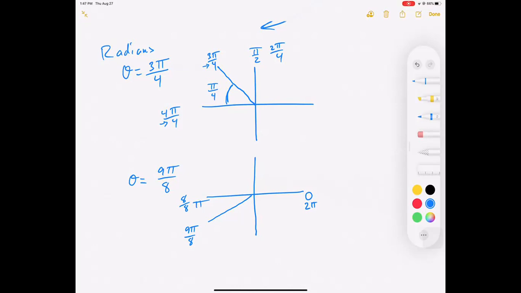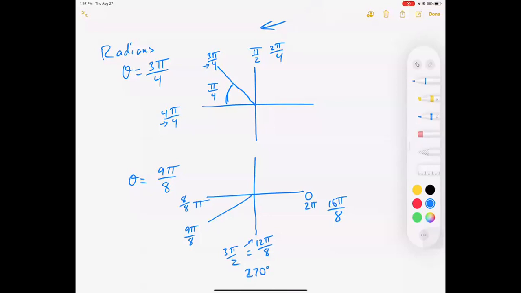If I'm over here, 2 pi is really 16 pi over 8. What's the halfway point between 16 and 8? That's 12 pi over 8, which reduces to 3 pi over 2. And that's where this is. This is 270 degrees.